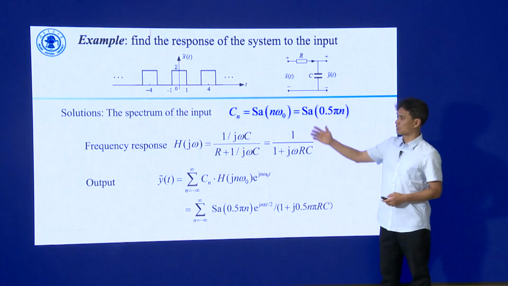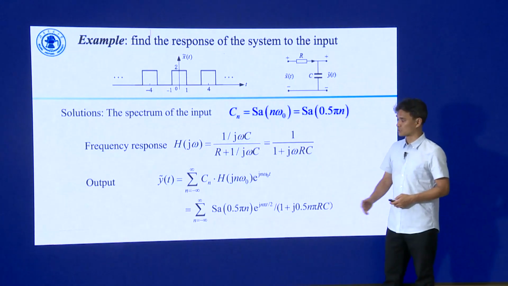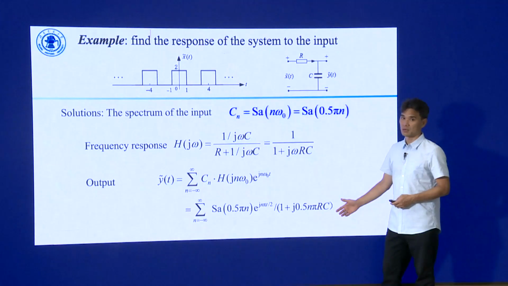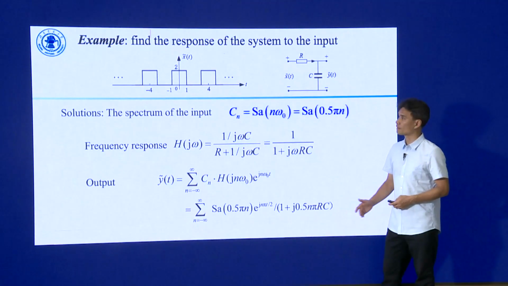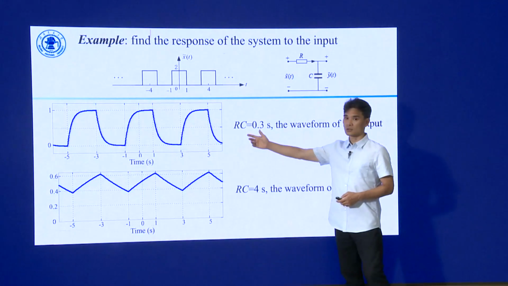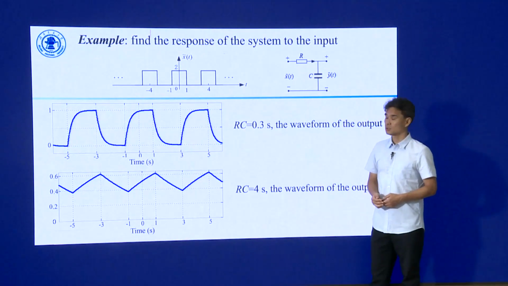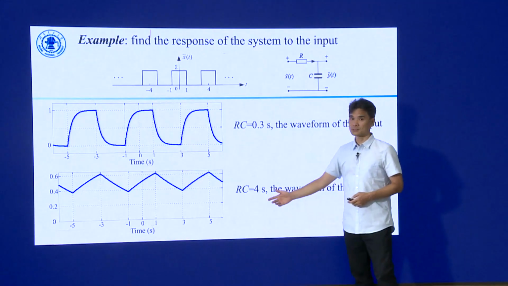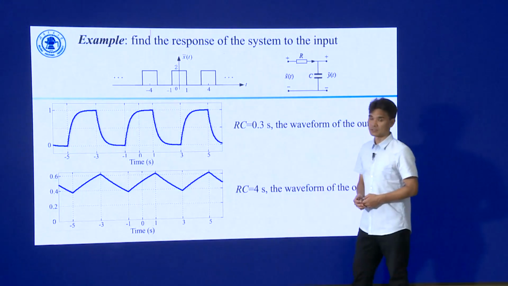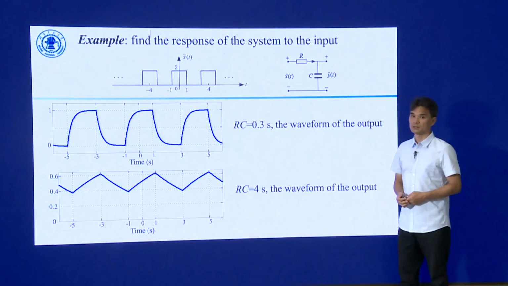We plug both terms into the expression. This is the system's zero-state response. If we set the RC time constant equal to 0.3 or equal to 4 seconds, then the responses of the system are quite different.